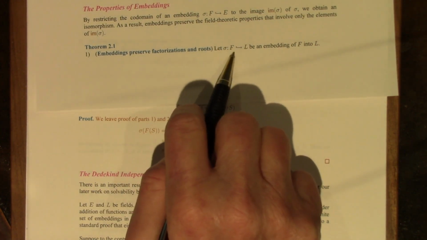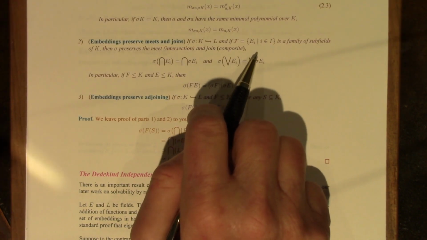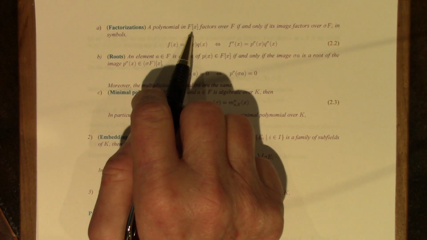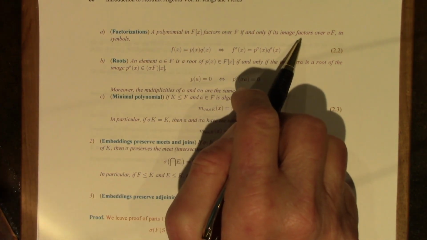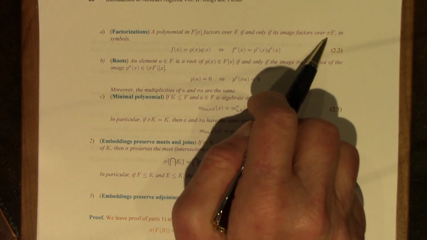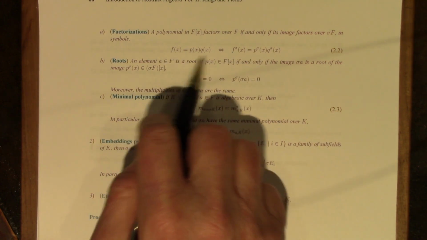So if sigma is an embedding of F into L, a polynomial in F[x] factors over F if and only if its image under the embedding factors over sigma F. And here it is in symbols.